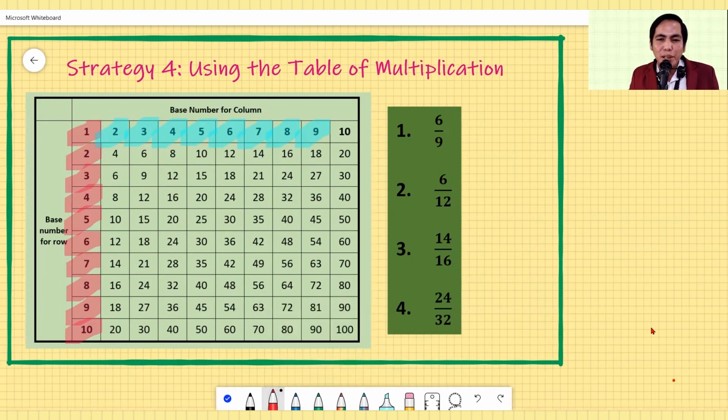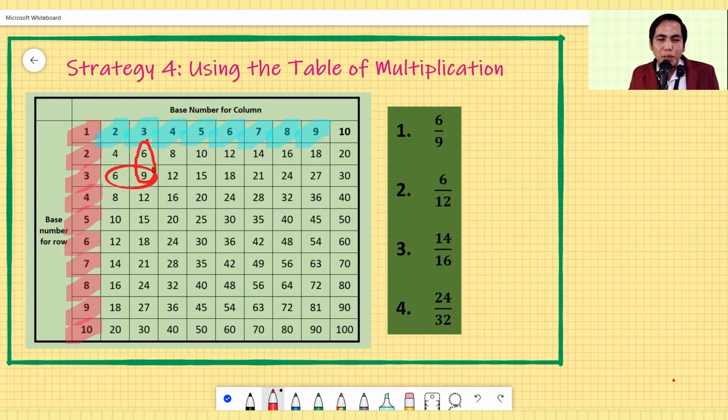In our first example, we have to identify the lowest term of 6/9, or 6 over 9. If we look at the multiplication table, we can use 6 and 9 here, or we can also use this 6 and 9.